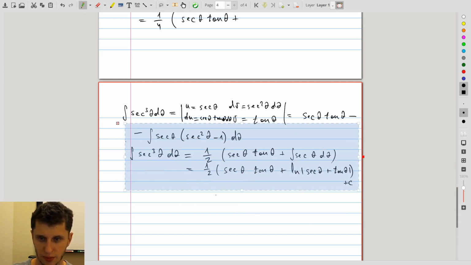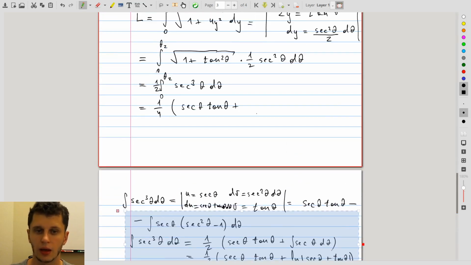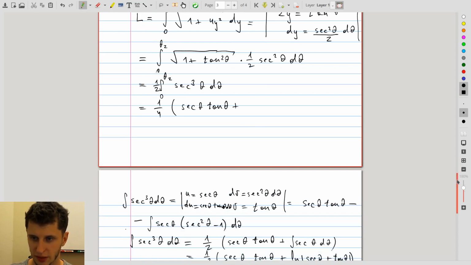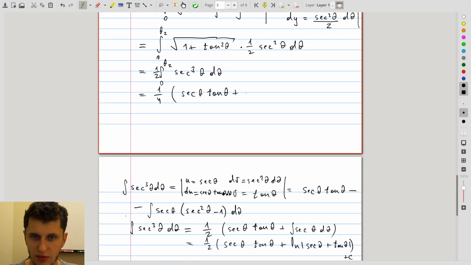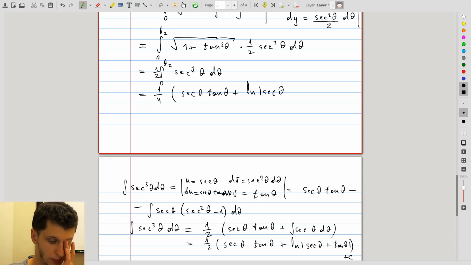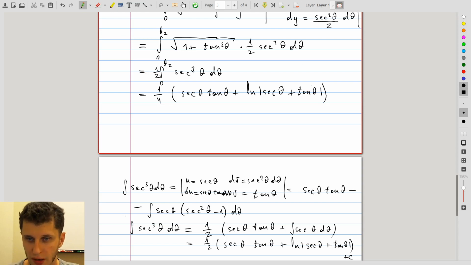Okay, this like so. So now in here I have what was it again? Secant theta plus log of the sum of these two. All right. Yeah, and then I have the difference from 0 to theta 2.